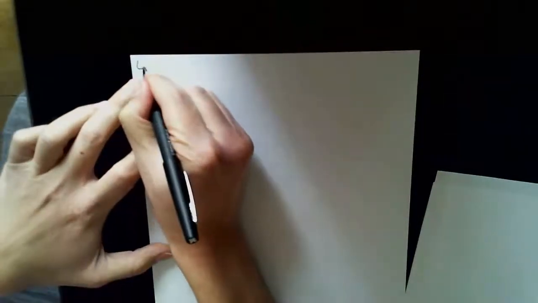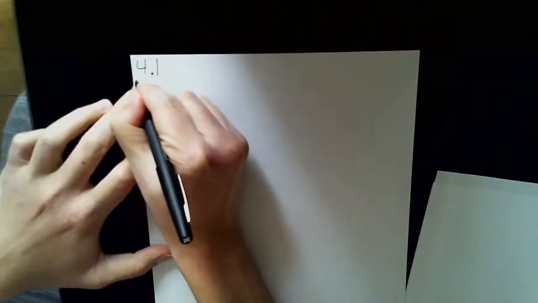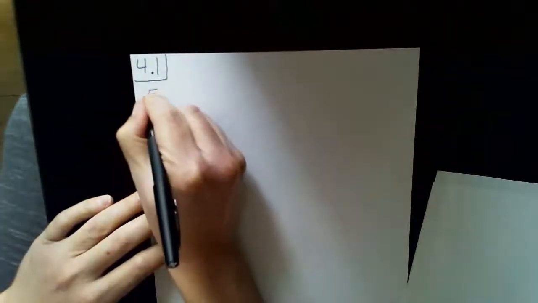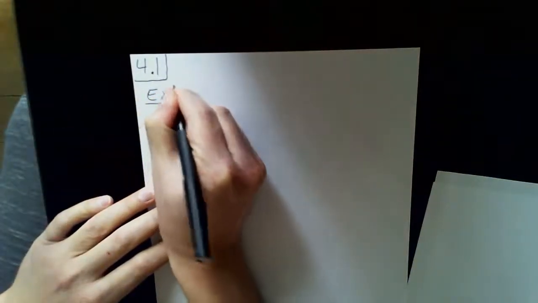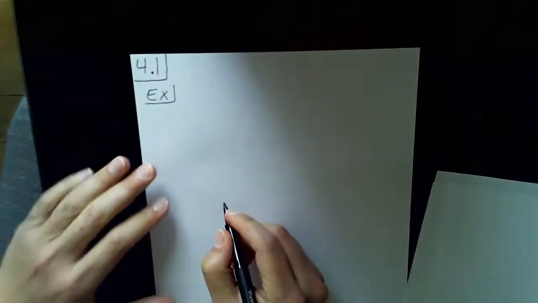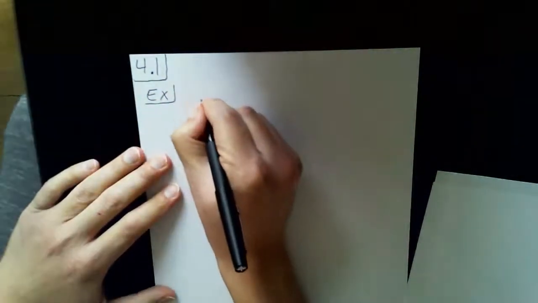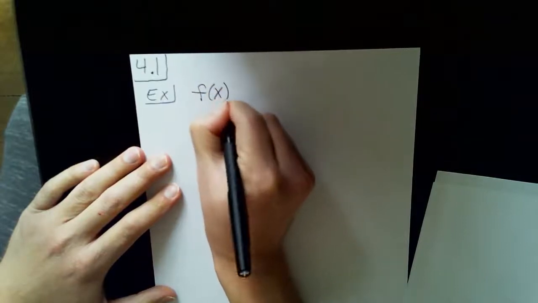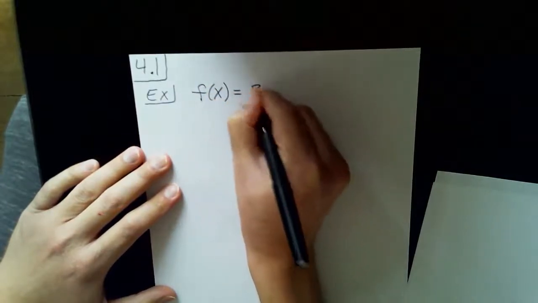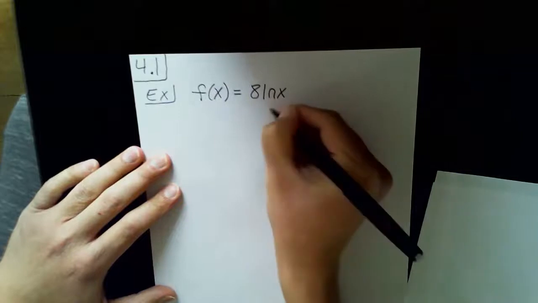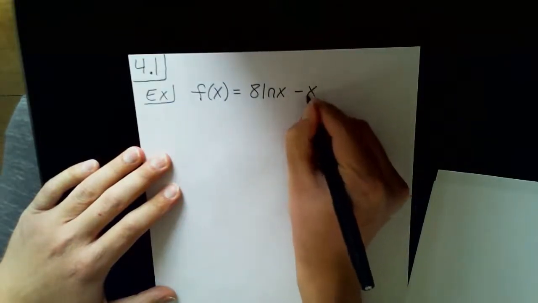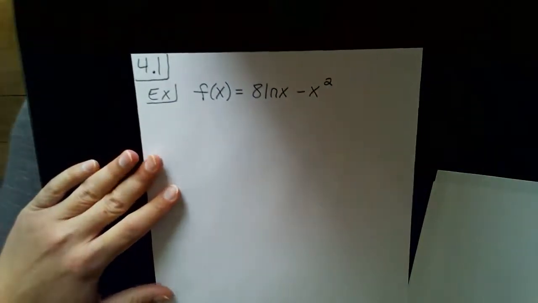Okay, so for the last problem, just like in the previous video, I suggest that you try this one before watching me go through it. In this case, we have f of x equals 8 times the natural log of x minus x squared.